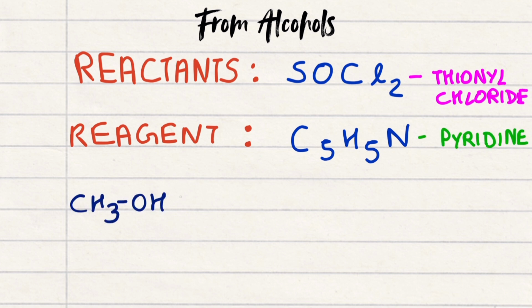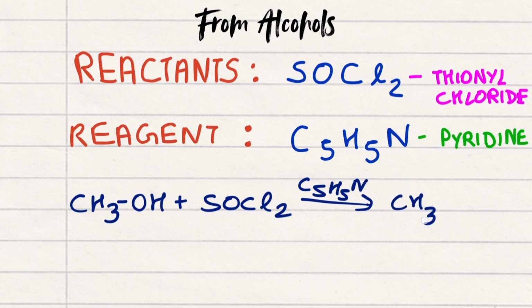CH3OH plus SOCl2 in the presence of C5H5N, which is pyridine, we will get CH3Cl, and now the byproducts are the really important ones: sulfur dioxide, which is a gas, and hydrogen chloride, which is also a gas.